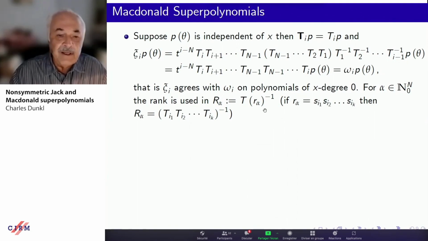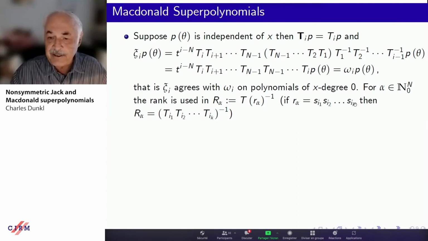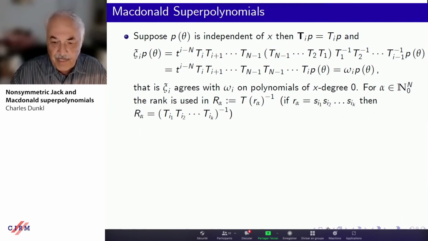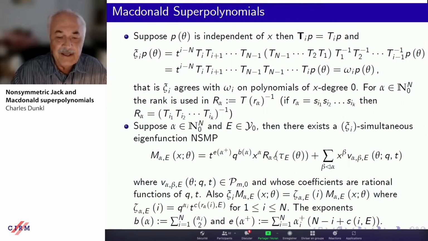operator. Next, to get an expression for the superpolynomial eigenfunctions, you need something that corresponds to the rank function. So if R alpha is this product of s's, then TR alpha is this product, in the same order. So given a label and a set, there's a xi simultaneous eigenfunction.